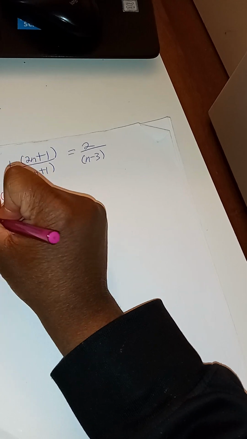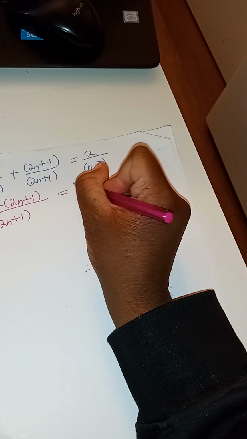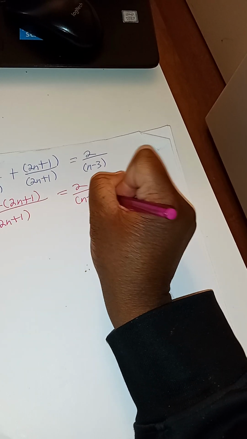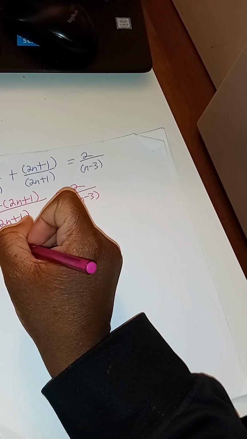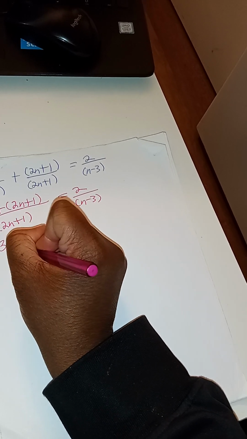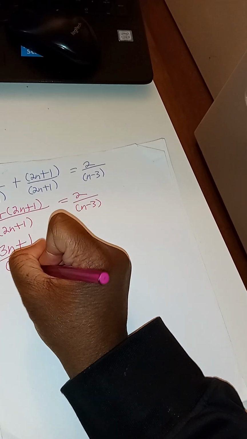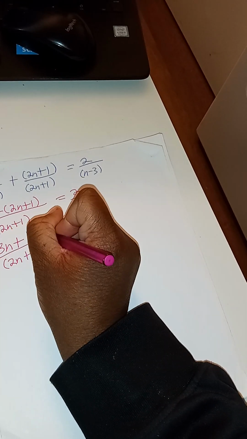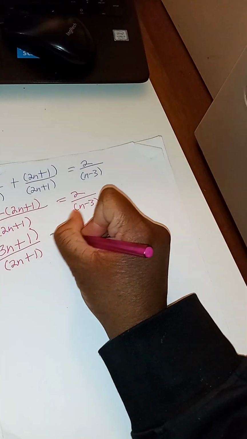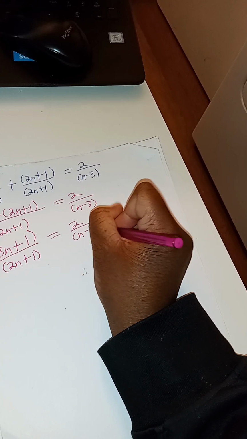So n plus 2n plus 1 divided by 2n plus 1 is equal to 2 divided by n minus 3. Now, in the numerator on the left-hand side, that's going to simplify to 3n plus 1 divided by 2n plus 1, and let's incorporate parentheses around 3n plus 1, is equal to 2 divided by n minus 3.